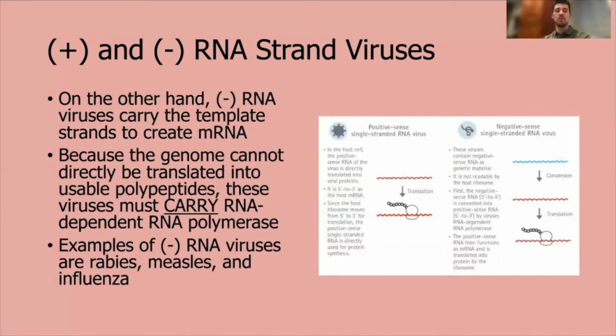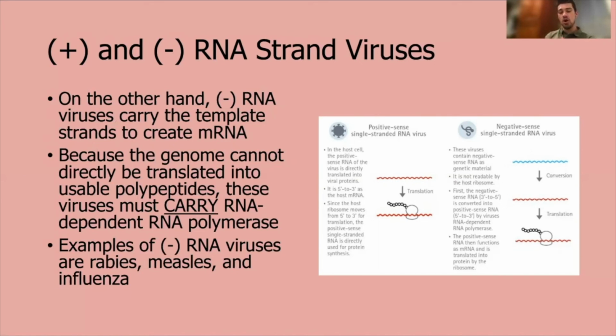On the other hand, we have negative strand RNA viruses that carry the template strands to create mRNA. The positive strand RNA genome can immediately be used as mRNA in the host cell. The negative strand RNA viruses only have the complement, that template strand. So they also need to use RNA-dependent RNA polymerase, but they actually have to carry that protein.